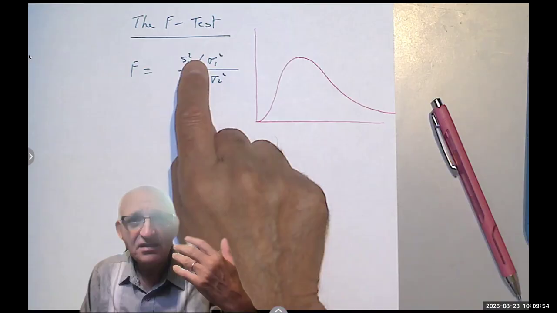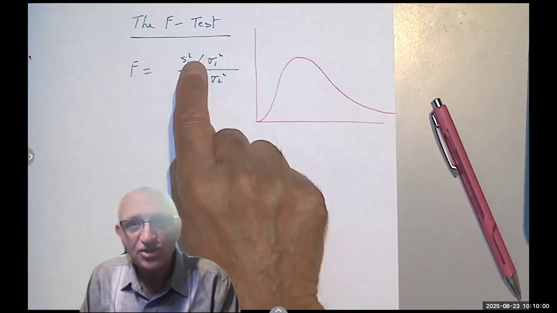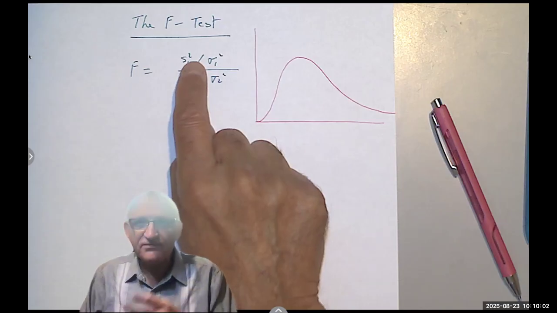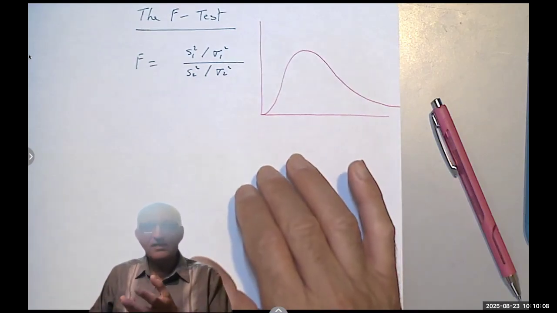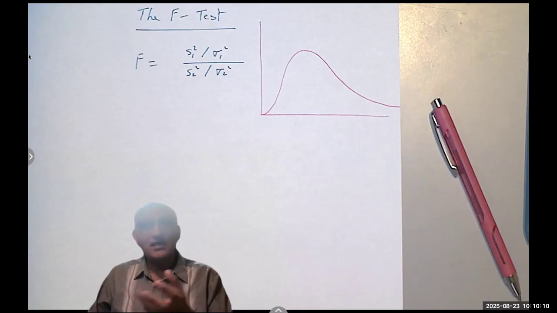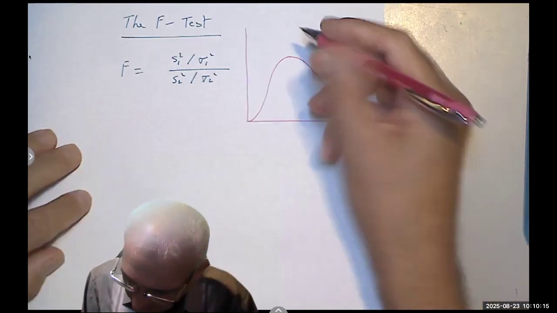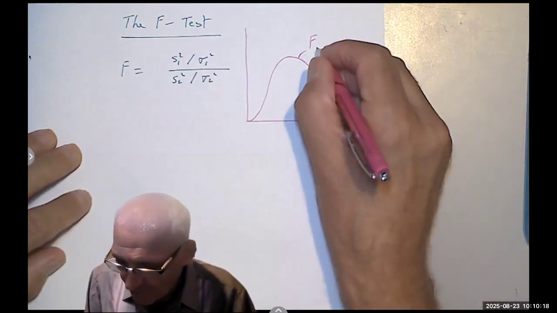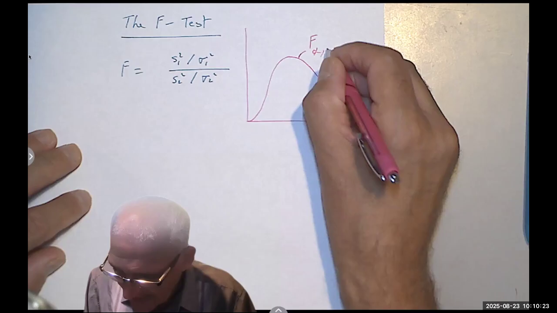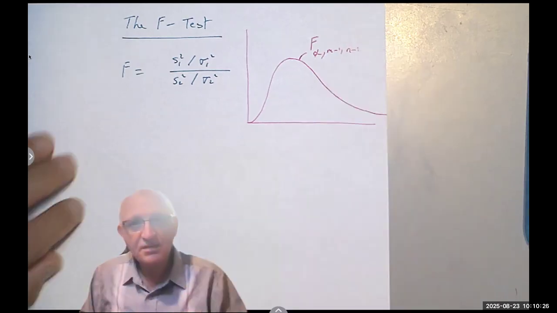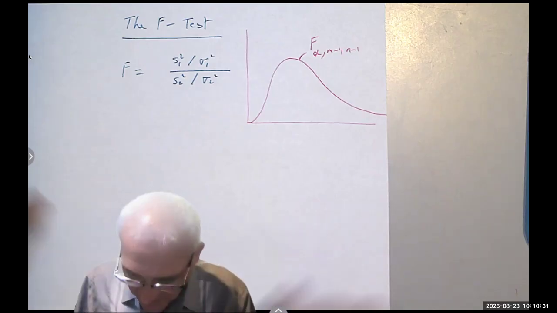If I took m units from population 1 and n from population 2, then the numerator degrees of freedom would be m minus 1, and that of the denominator would be n minus 1. So which one do I use? No, you use both. So this would be the F distribution for alpha and m minus 1 and n minus 1. So it has 2 degrees of freedom, numerator and denominator.